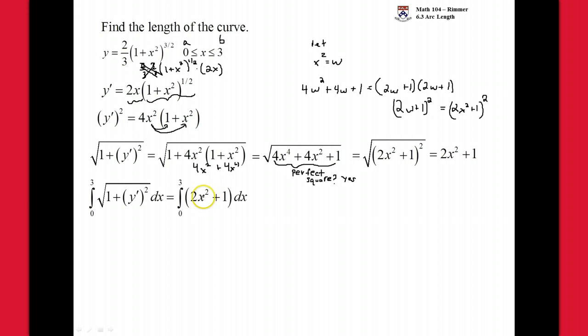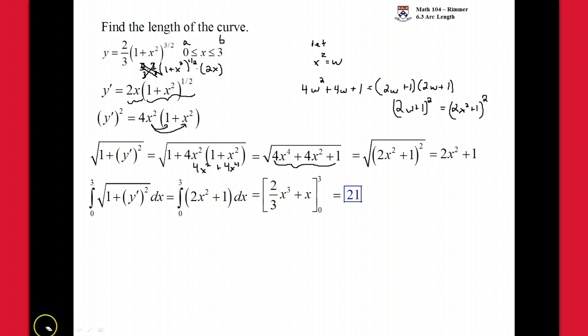Okay, so we get 2x cubed over 3 and x evaluated from 0 to 3. So we put a 3 in, and we get 2/3 of 27.